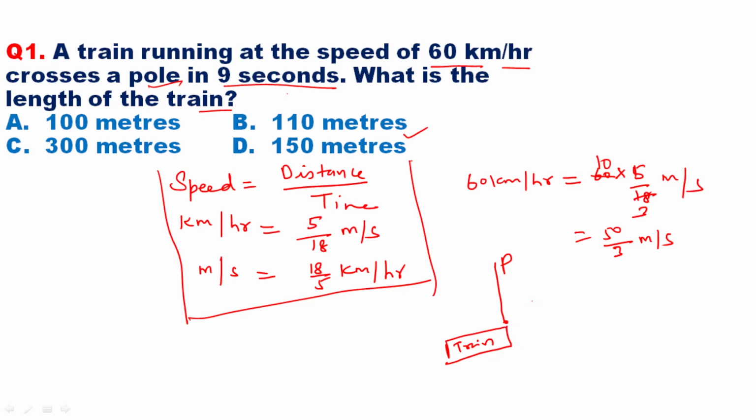It means it is crossing its own length, and that is what we are going to find out. We know that speed is equal to distance by time. Here the distance is the length only, so distance is equal to the length of the train.